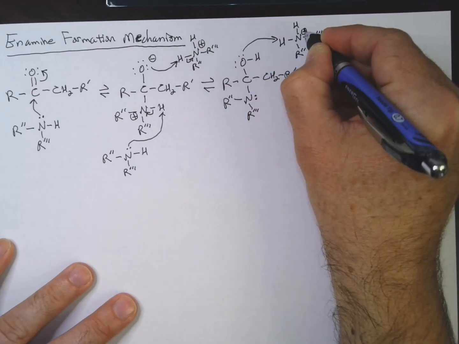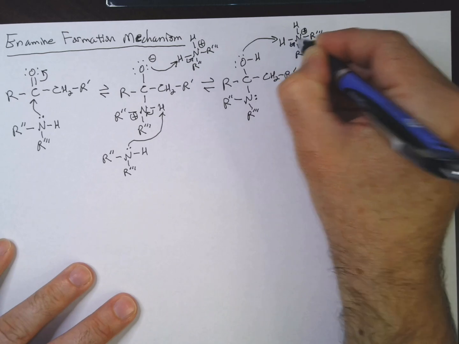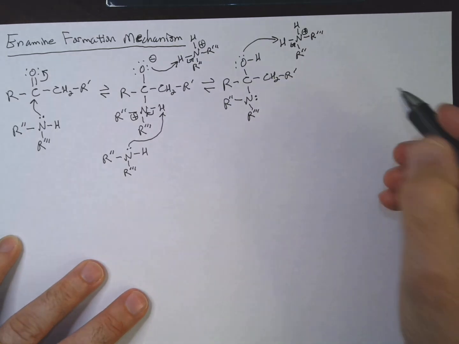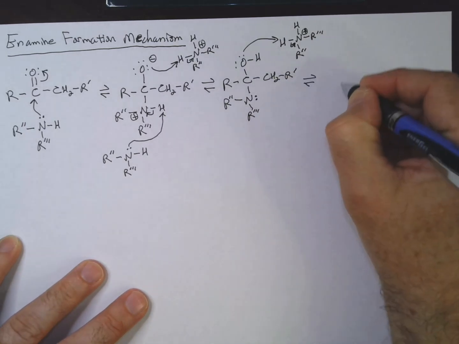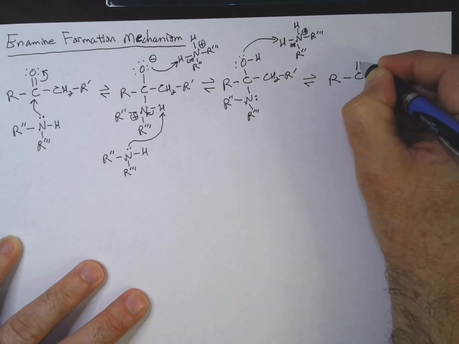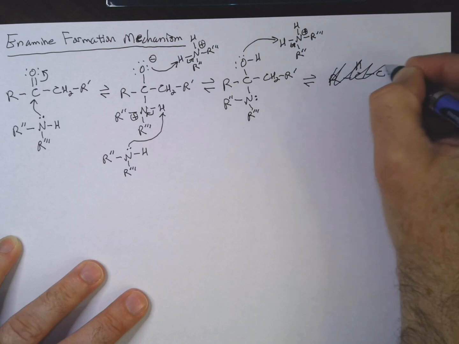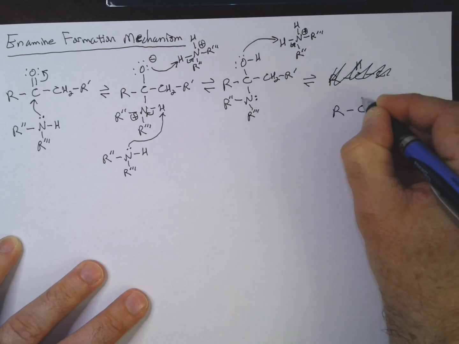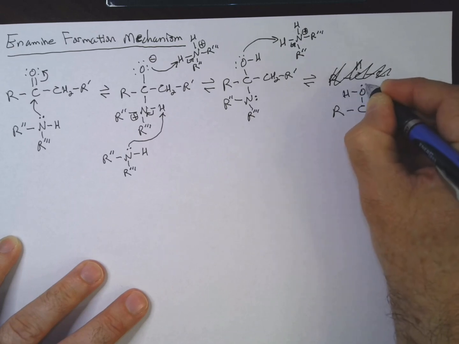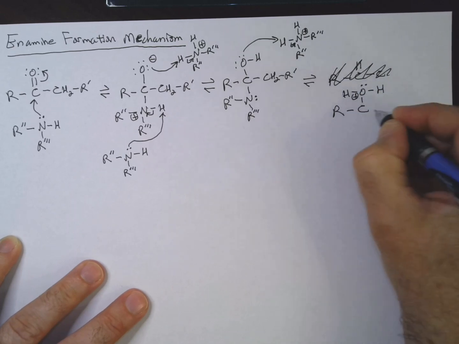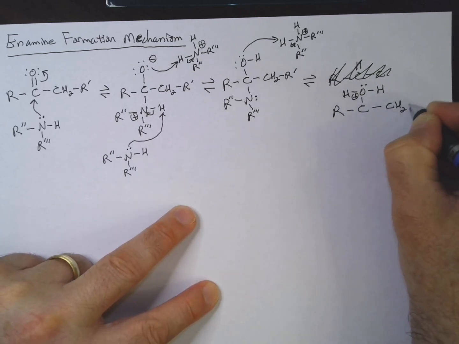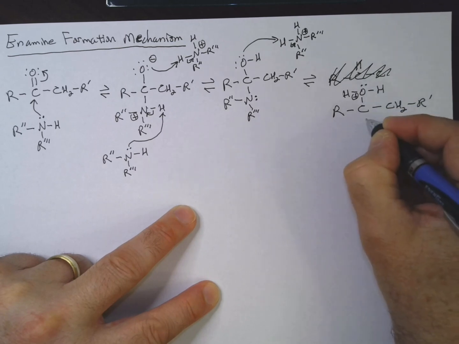So here's our positively charged protonated species that gives up a proton picked up by the oxygen lone pair, and now we get RC, single bond O, H, H, lone pair, positive charge, and CH2R prime.